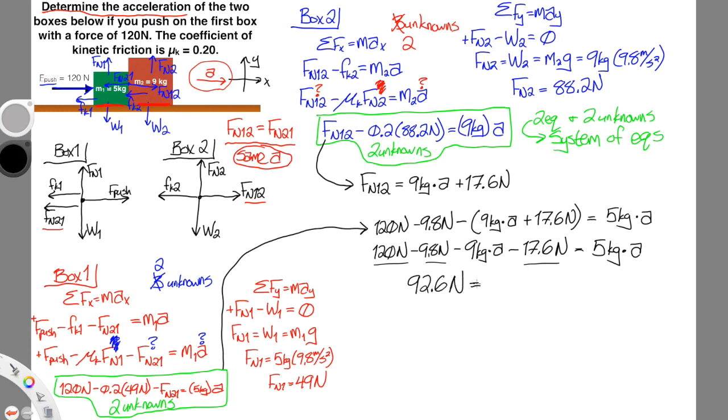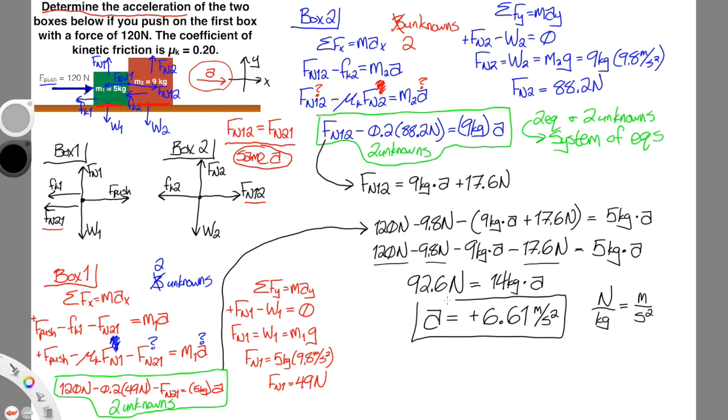And combining all terms with an A in them on the right gives us 14 kilograms times our acceleration. So from here, we can just solve for our acceleration, and we end up with a positive 6.61 meters per second squared, because a newton divided by a kilogram is a meter per second squared. Because a newton is a kilogram meter per second squared, so you just cross off the kilograms. This is our answer.